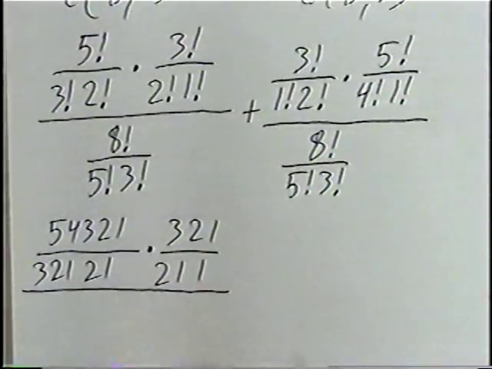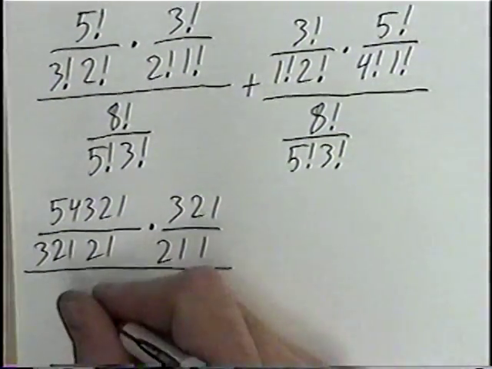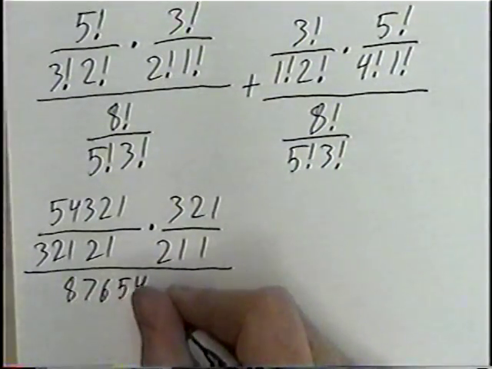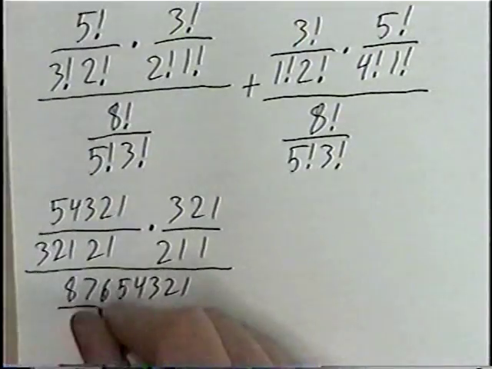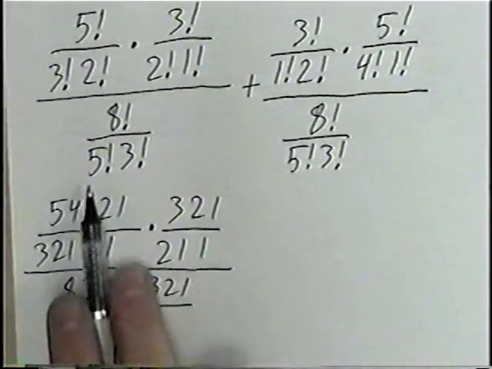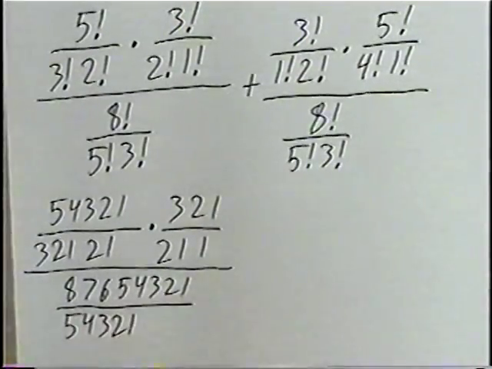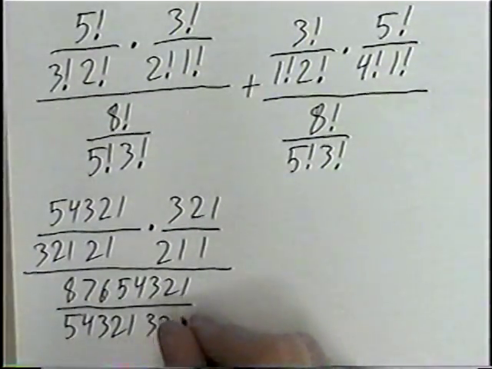Divided by, again, our denominator, 8 factorial, which would be 8, 7, 6, 5, 4, 3, 2, 1. And the denominator for that one, 5 factorial, 5, 4, 3, 2, 1, and 3 factorial, 3, 2, 1.